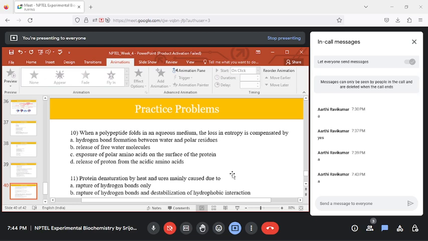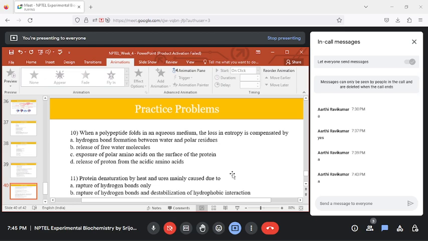The water molecules which were surrounding the protein, while the hydrophobic residues are forming the core, have to be removed out, so that the hydrophobic molecules can make some space and form the core of the protein. So this is how protein folding happens. So what is the correct option?